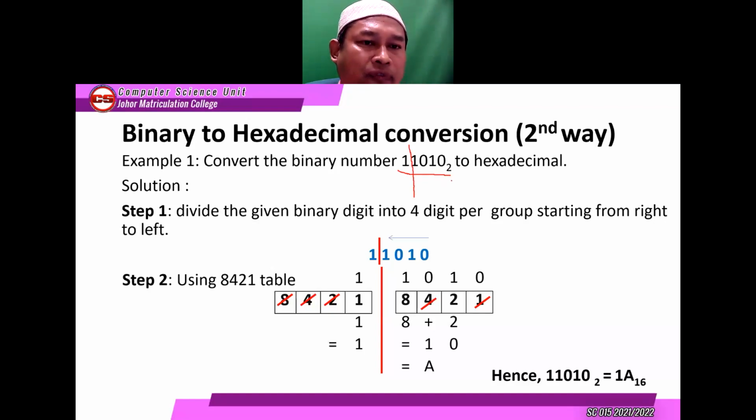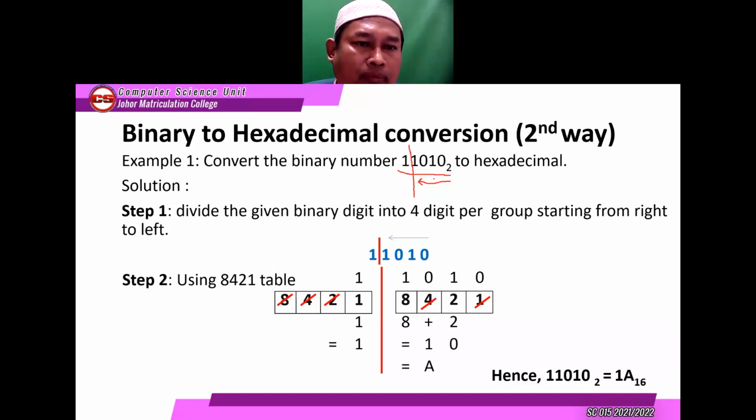You must count from right to left, not left to right. If you split the numbers from left to right, it is wrong. So you must first split into 4 digits from right to left.